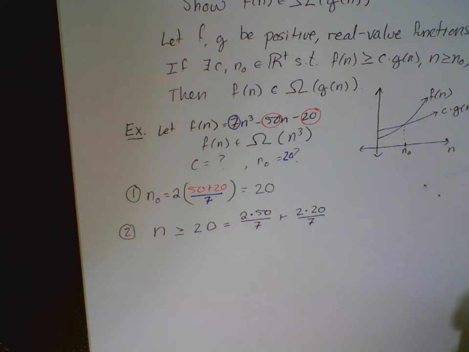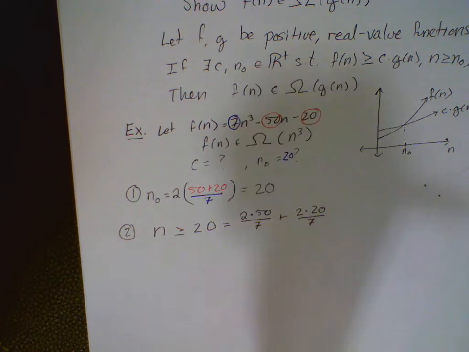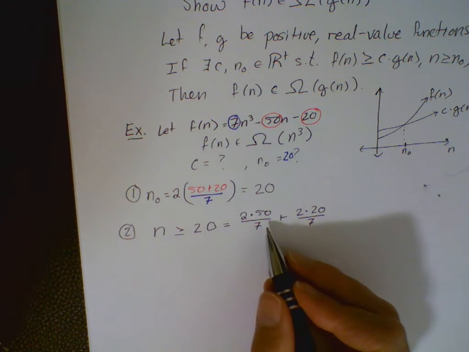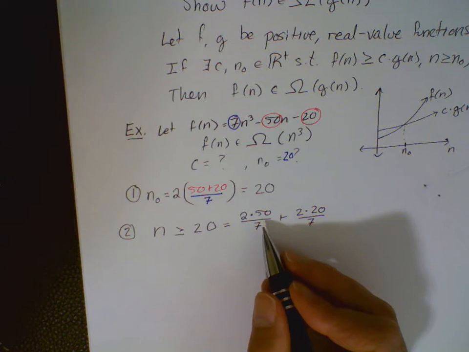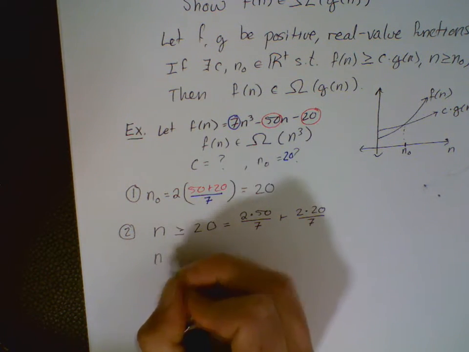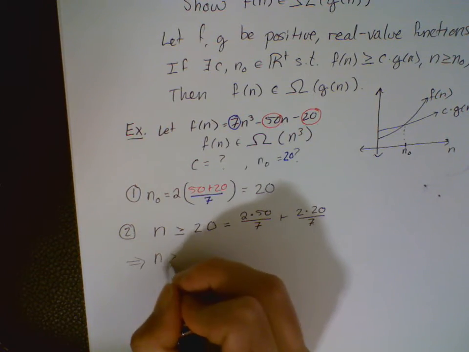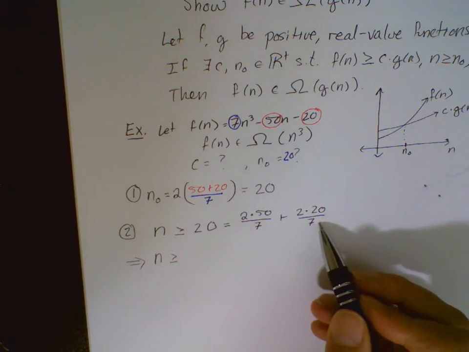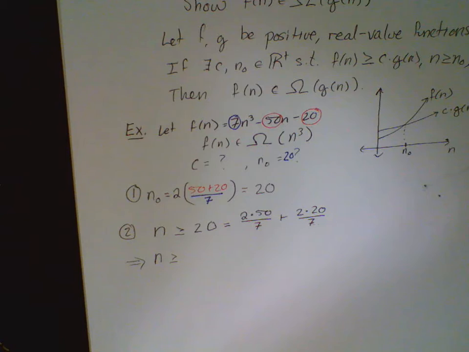Now I'm going to move on to the next step. If n is greater than the sum of these two terms, then I should be able to multiply each of these terms by some value less than 1, and the inequality would remain true.